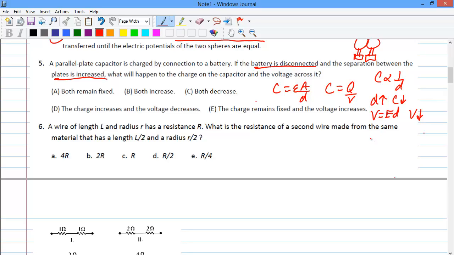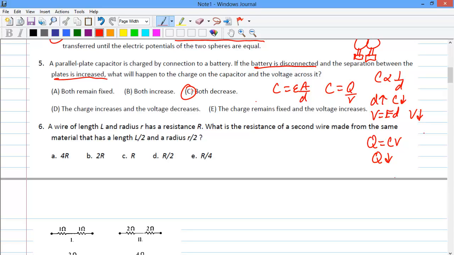And Q is equal to CV. So if the capacitance decreases and the voltage decreases, then Q also decreases. So the correct answer is both decrease.